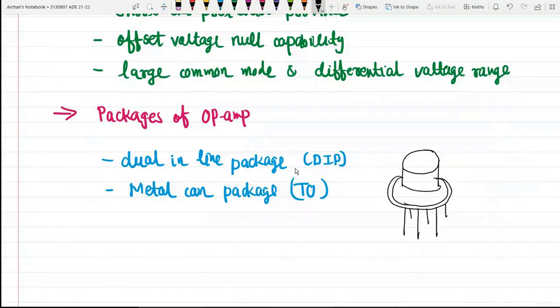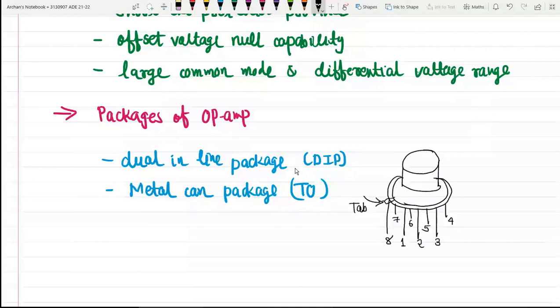This is also an 8 pin IC: pin number 1, pin number 2, pin number 3, pin number 4, pin number 5, pin number 6, pin number 7, and then pin number 8. To identify pin number 8, we have one tab, so the tab needs to be considered as pin number 8.